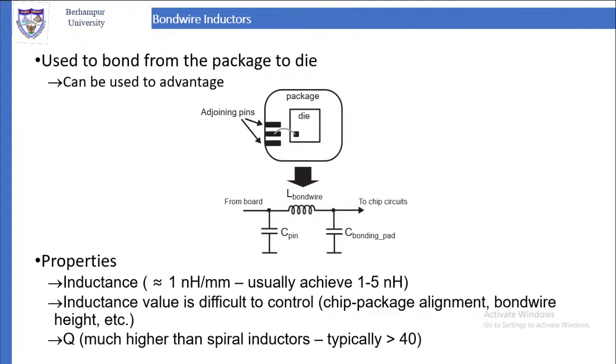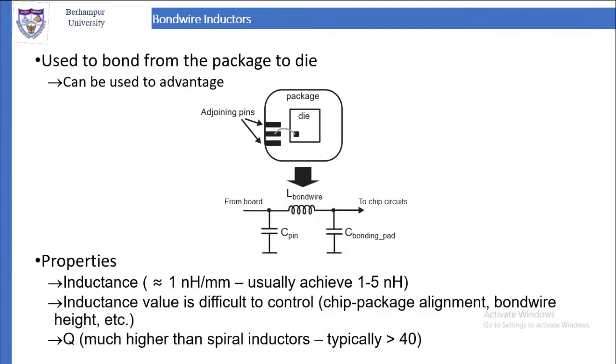The equivalent of this is shown below. The bottom figure shows the equivalence. From the board to the chip circuit, between them you have the bond wire inductance, L bond wire.